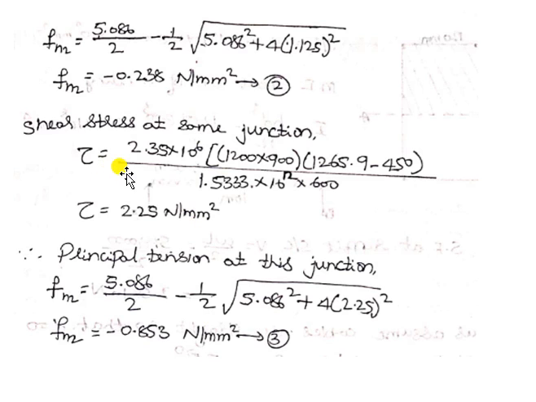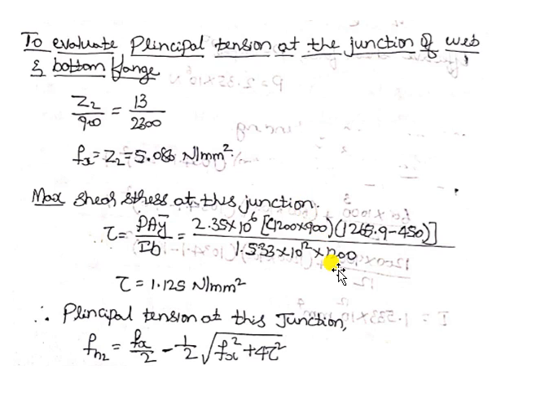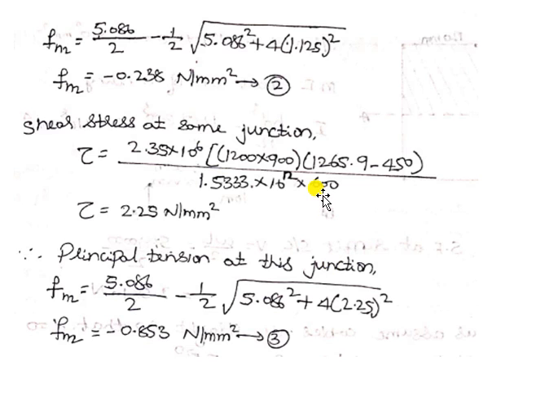So tau is equal to 2.35 into 10 to the power of 6. The formula is the same, everything will be the same except the value of B changes. There it was 1200 and here it will be 600. So when B is equal to 600, tau is equal to 2.25 Newton per mm square.